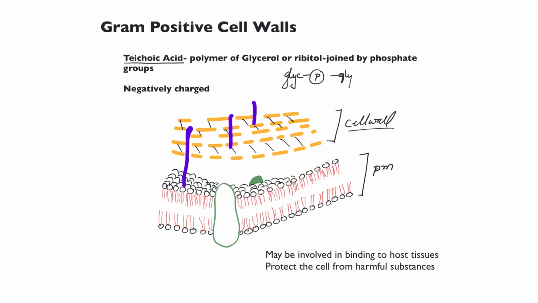So glycerol phosphate, or ribitol, joined by phosphate groups. Teichoic acid can be linked to the plasma membrane or linked to the cell wall as well. It gives them a negative charge. It can be involved in binding to the host tissues. Sometimes it is also thought to protect from harmful substances.